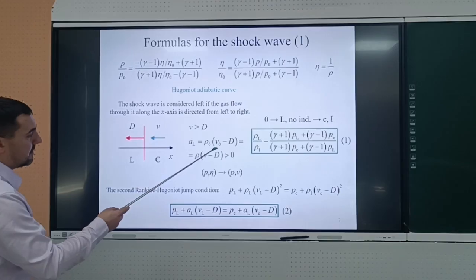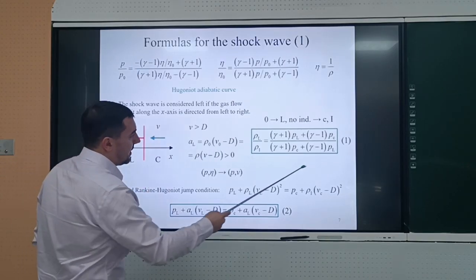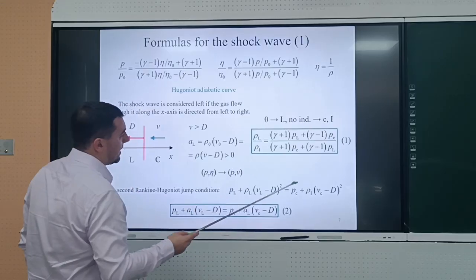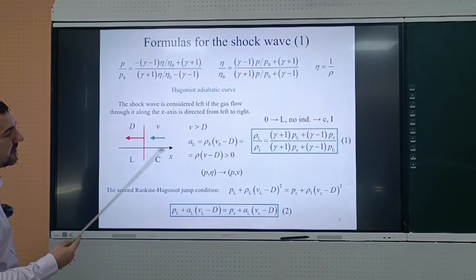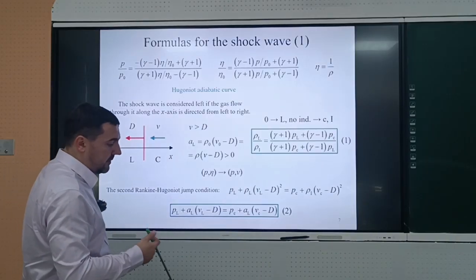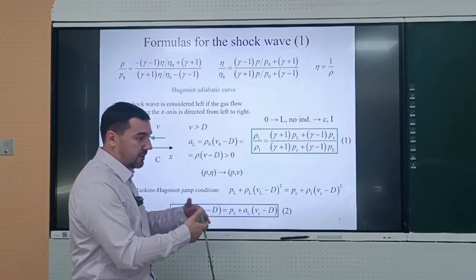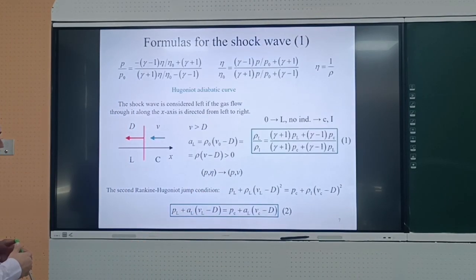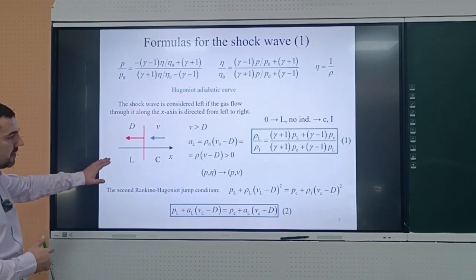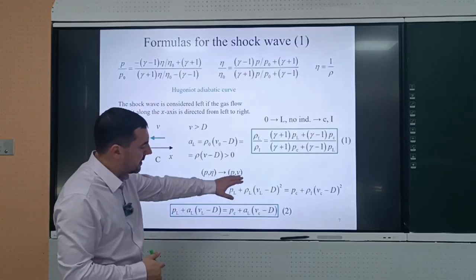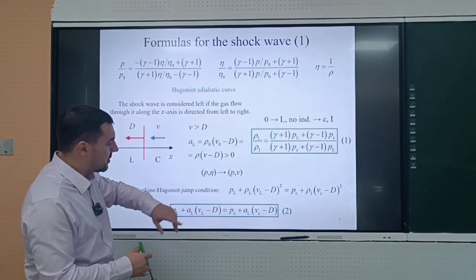Okay, but this relationship is written using density and pressure, and we want to use pressure and velocity. They are called PV diagrams, and the solution of the Riemann problem is very convenient to analyze using so-called PV diagrams. For that, let's do the following manipulation. Consider the second Hugoniot jump condition. This is the momentum conservation law across the shock wave.